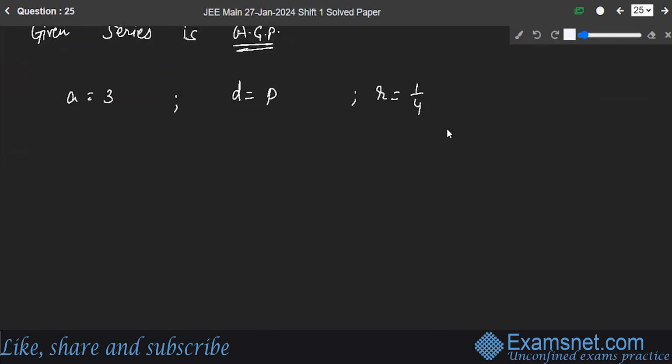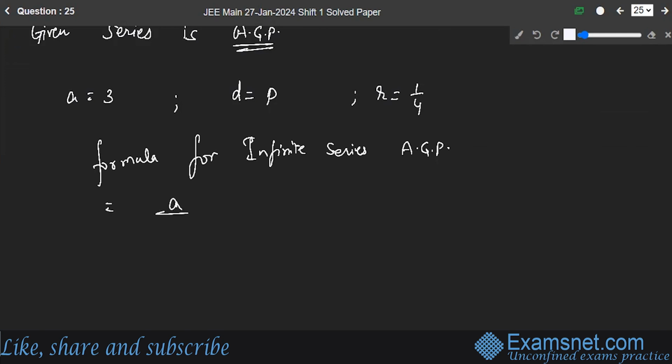And there's a formula for the AGP. Formula for infinite series of AGP. Series for AGP is given by A upon 1 minus R plus common difference into common ratio upon 1 minus R whole square.